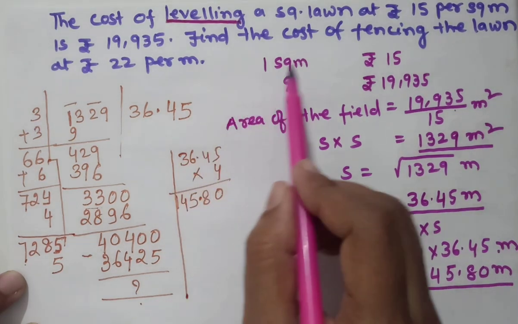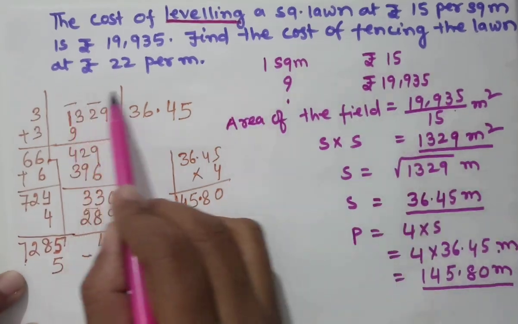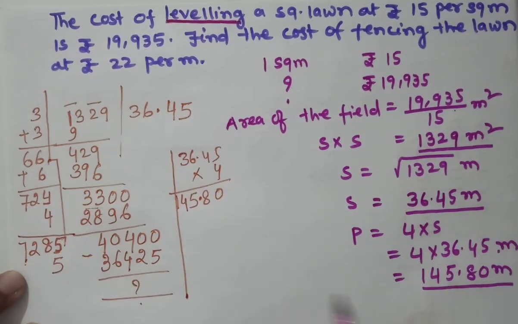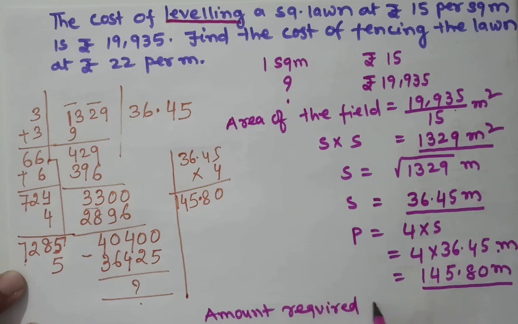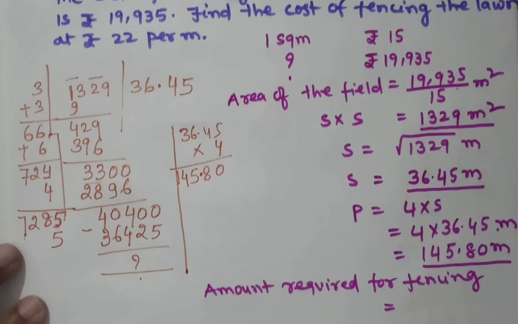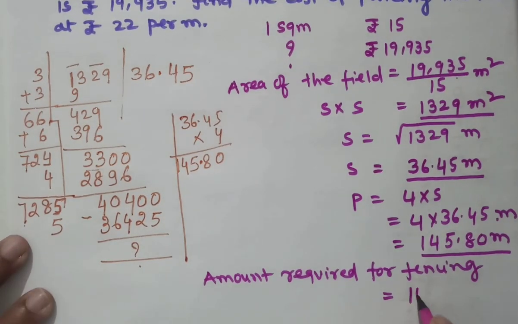Now what does he say? Find the cost of fencing the lawn at rupees 22 per meter. So how much total amount is required for fencing? It will be equal to 145.80 into 22.